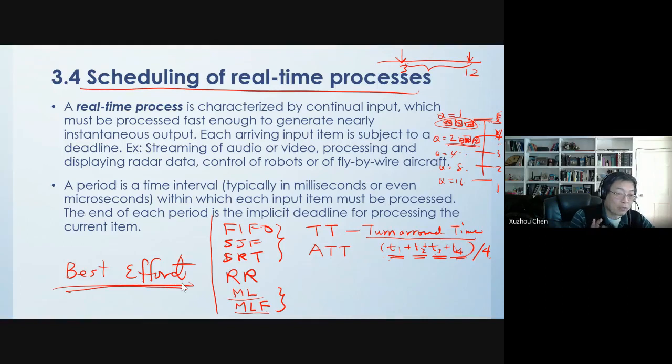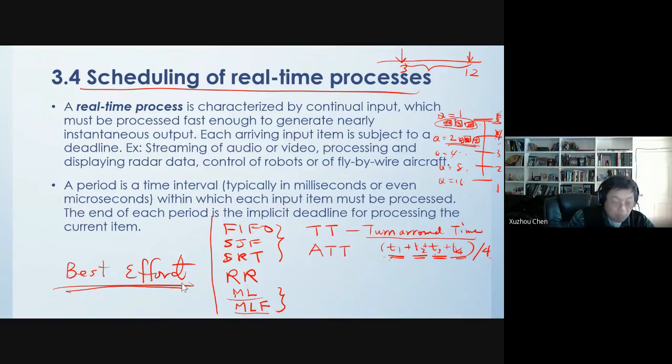There's no restriction saying this process has to be finished within a certain time. It only tells which process is going to run first, and which process is going to run next. But there's no time limit in terms of which process has to be finished before a certain time. So these are called best effort. It just talks about which one is going to be executed before which one.